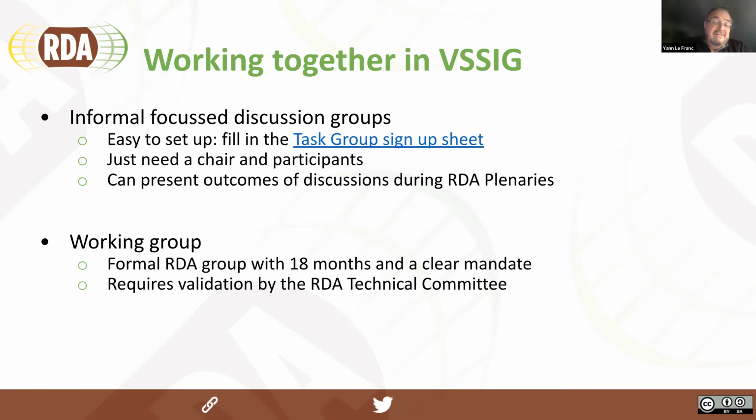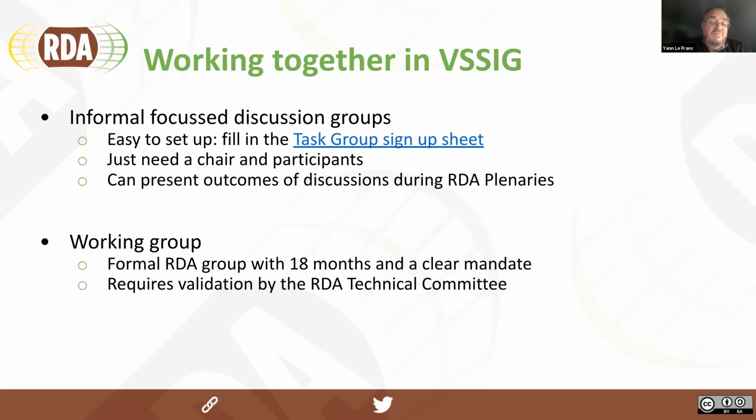But as it's quite complicated and quite a commitment to actually have a formal working group in RDA, the way we decided to help with a more informal activity is to create informal focus discussion groups that we call task groups. And it's really easy to set up. You just fill in a Google spreadsheet where you explain the topic you would like to discuss in that group.